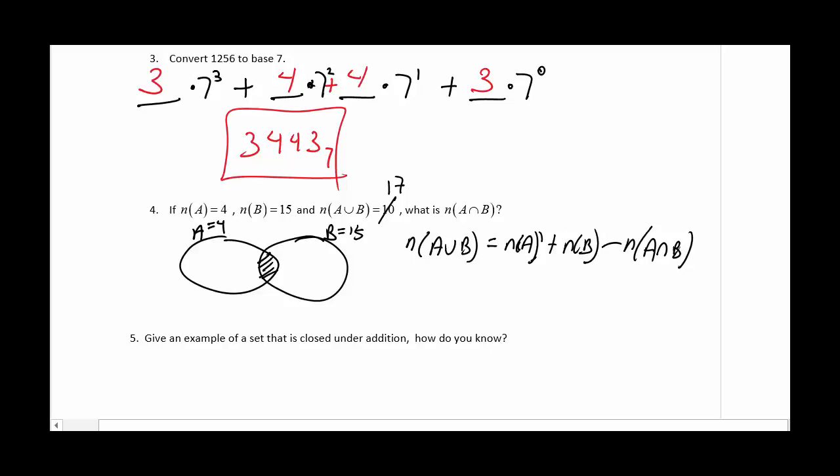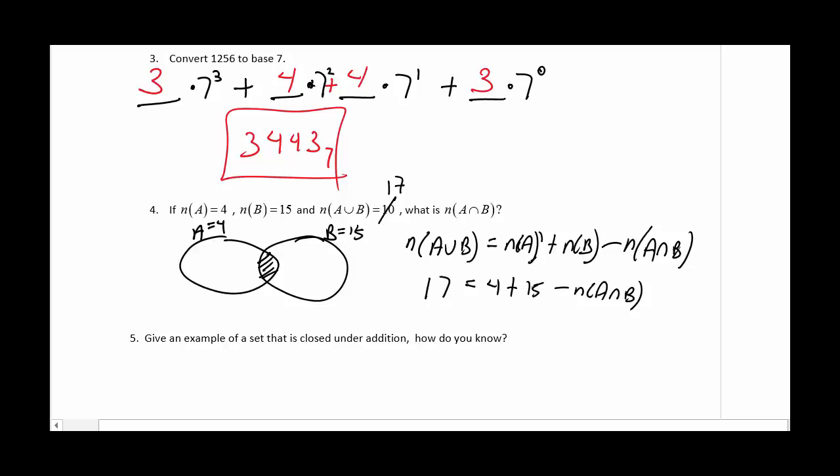Okay, so this is like a good old-fashioned equation. I've got 3 numbers, 4 blanks, so I should be able to figure out one of my blanks, right? So we'll say 17 there, A had 4, B had 15, minus the number that I'm interested in.